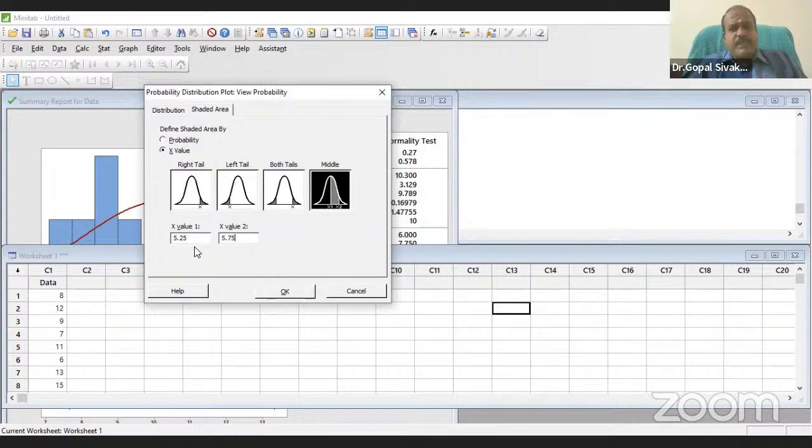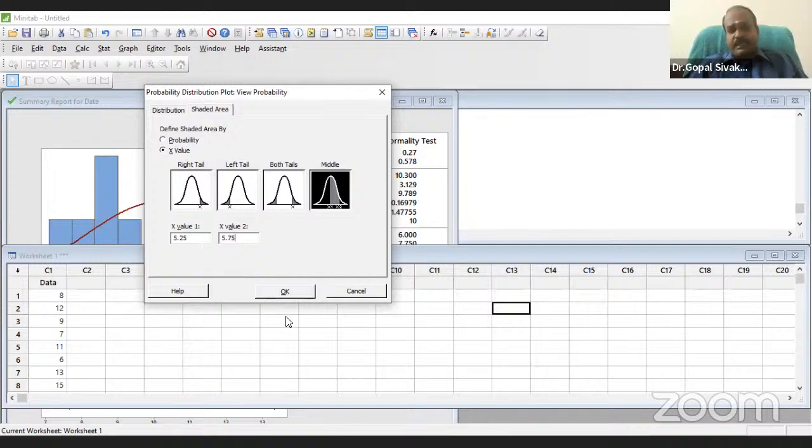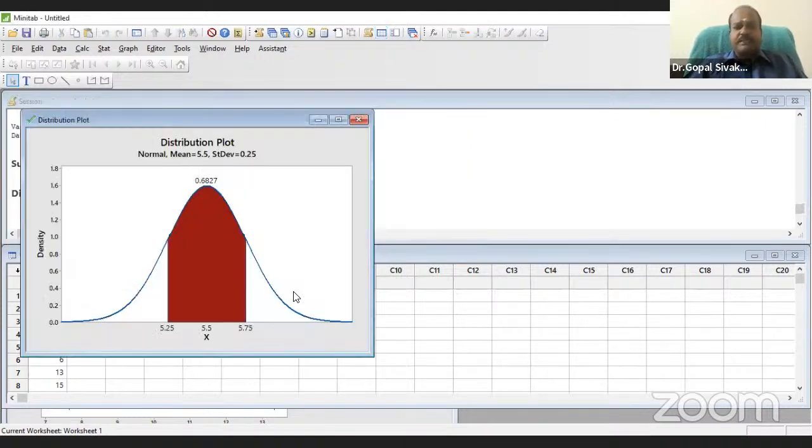Will you be able to make any guess now, all of you? Anybody? Any guess for your answer? Come on. Most of them will be in this range, right? So let me see what percentage it is.